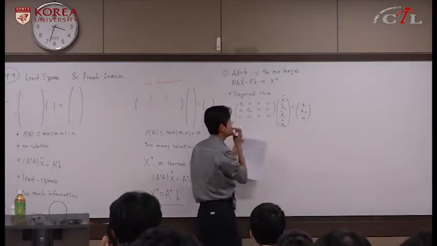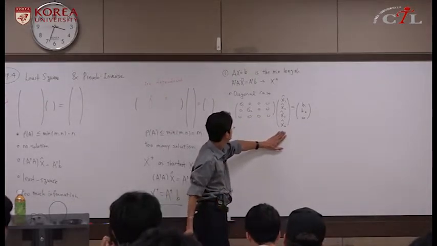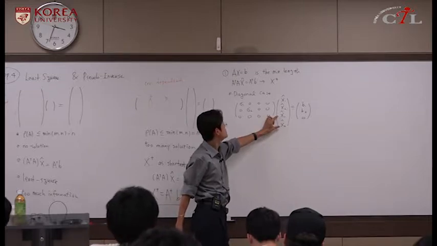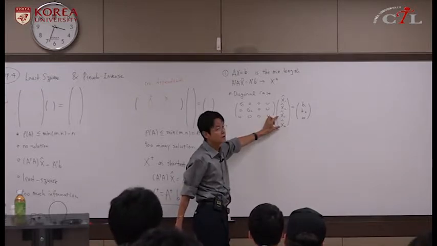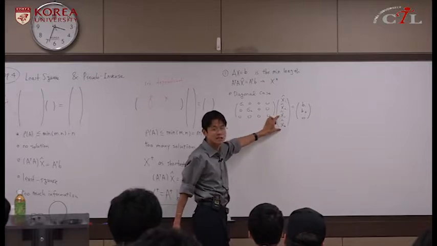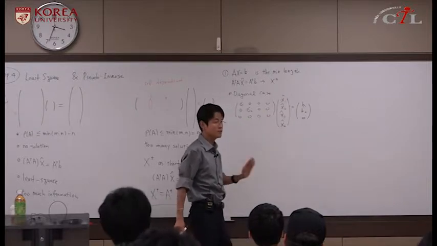There are too many solutions, because we can take x3 and x4 as any number, it doesn't matter. So there are basically two null space dimensions. The natural choice is to take x3 hat and x4 hat as nothing, to minimize its length.